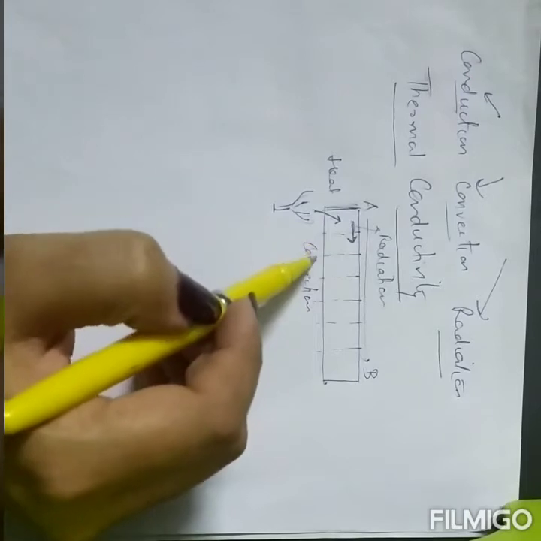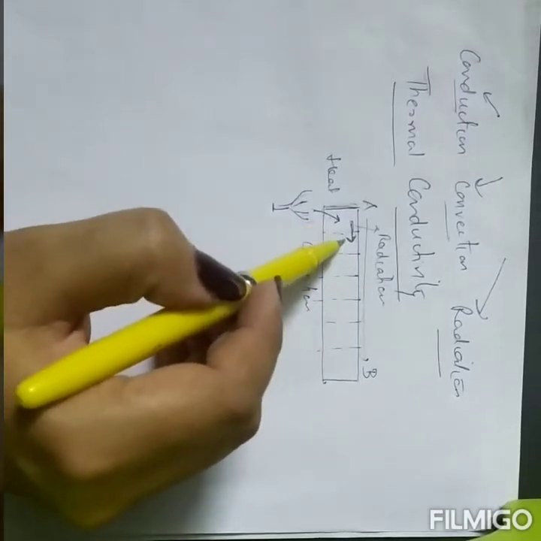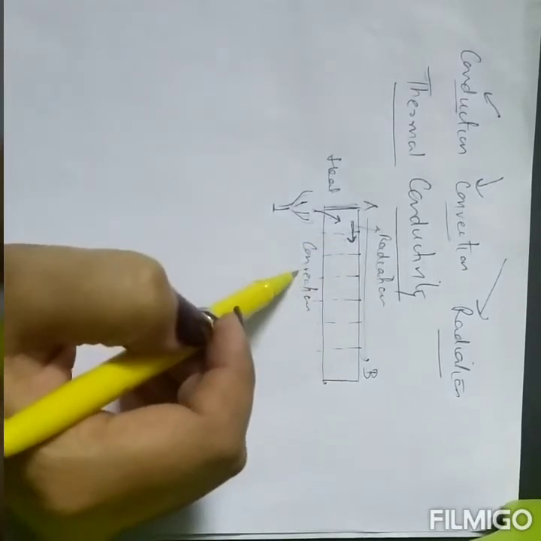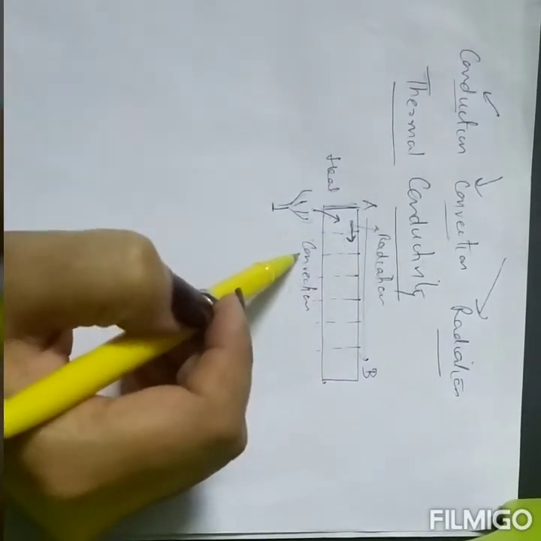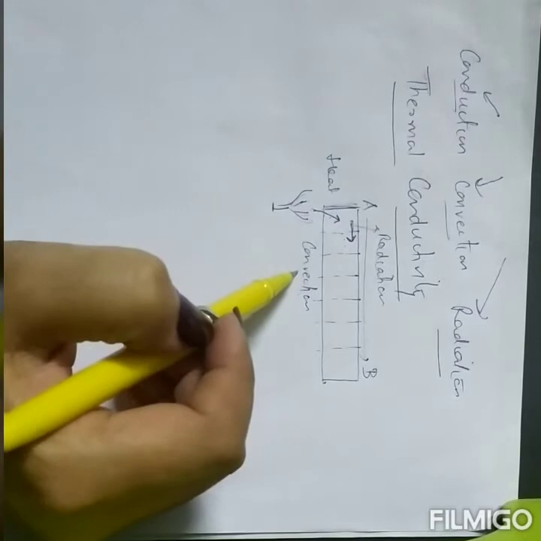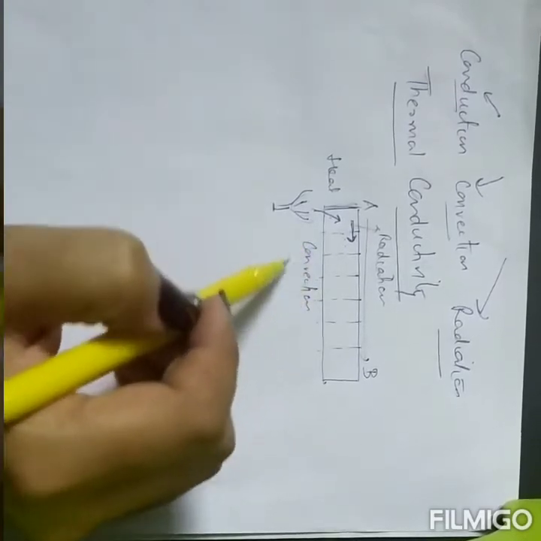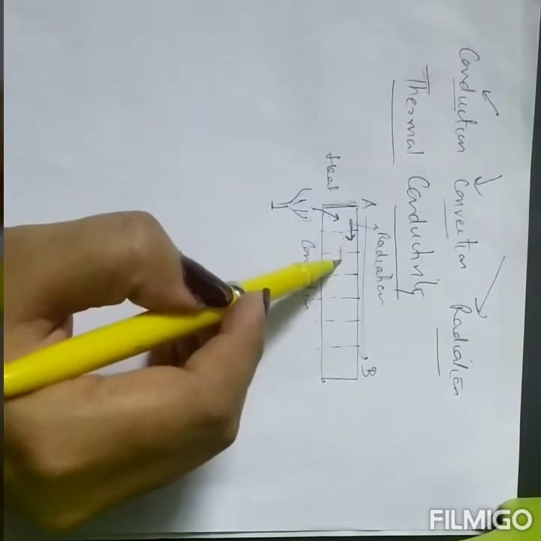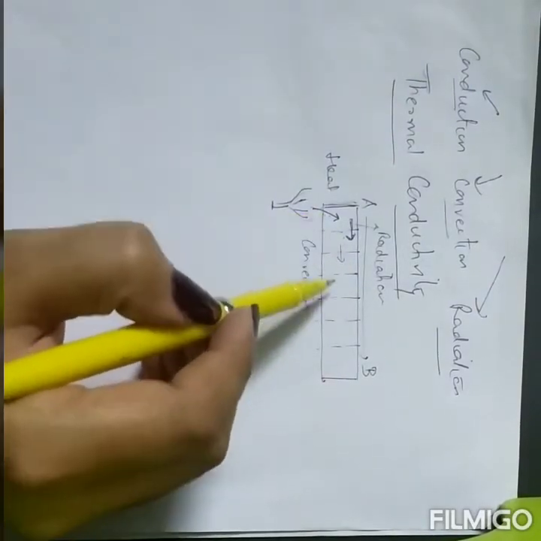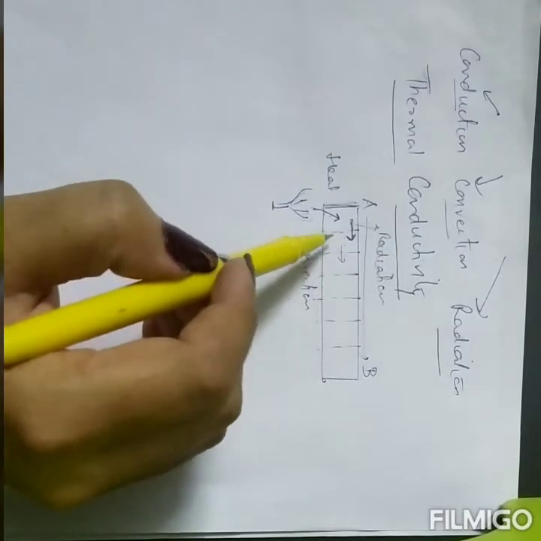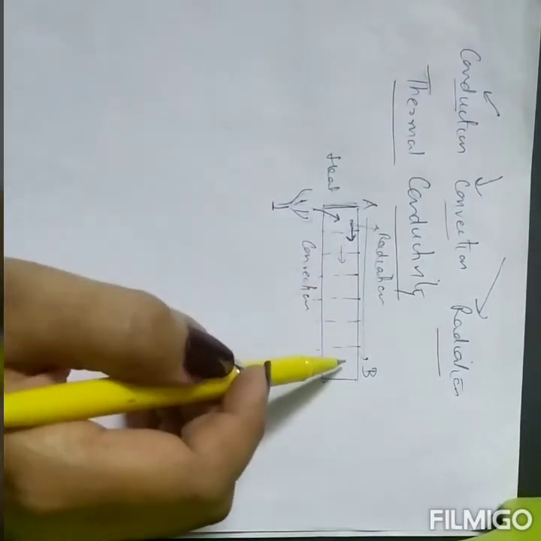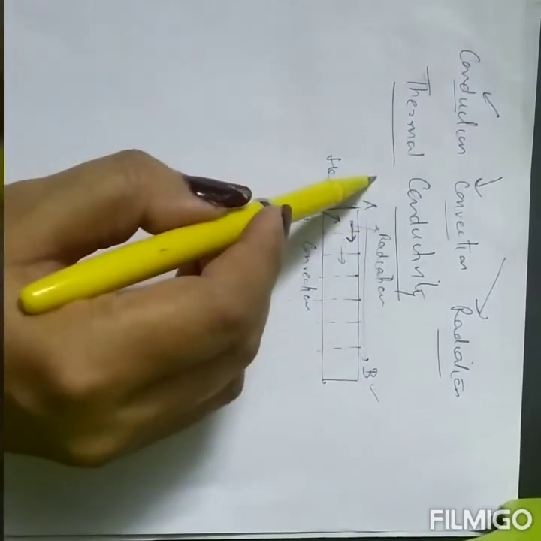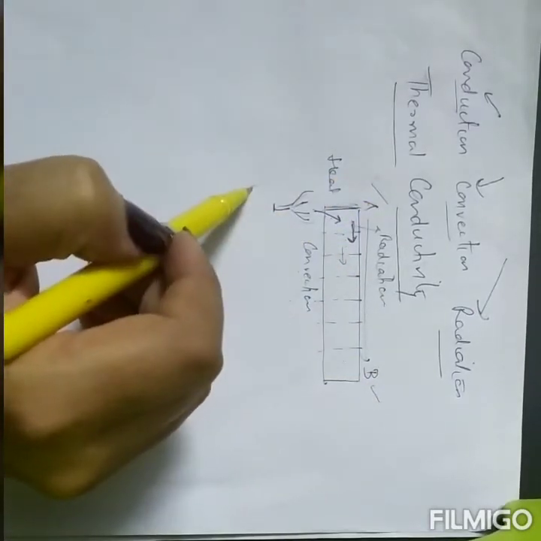And whatever is left is passed to the next section. Similarly, the next section absorbs some heat; some part is radiated, some is dissipated to the surroundings through convection, and only the leftover part goes to the next section. So as we move towards the colder end, less heat goes to that end. It means the temperature of this end will be the lowest and the temperature of this end will be the highest.